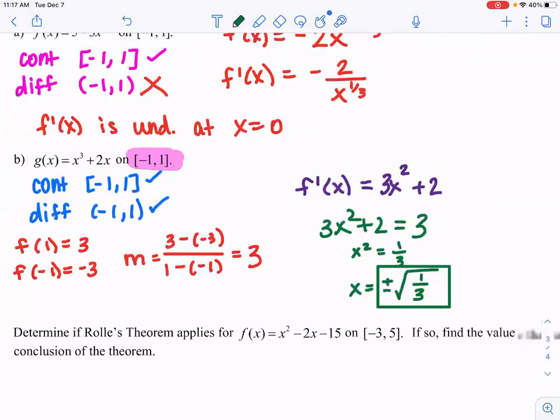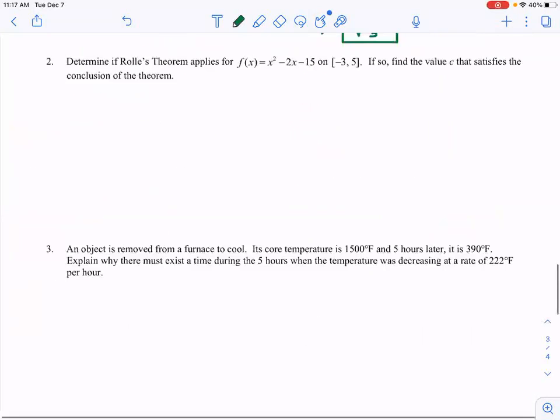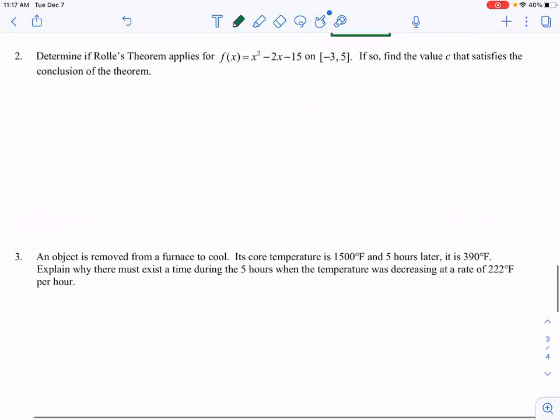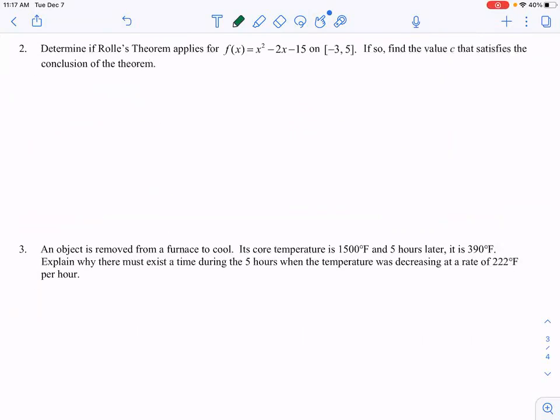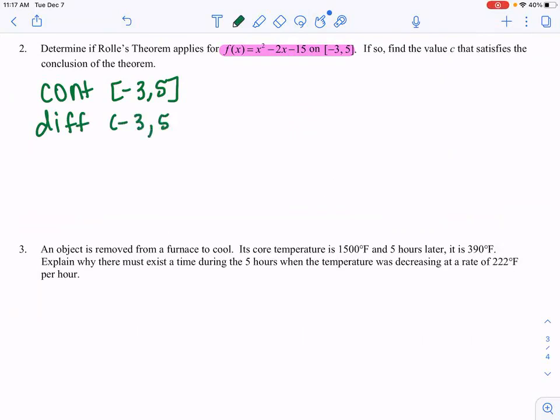Okay, now let's talk about Rolle's theorem and how it's the same, but a little different. Determine if Rolle's theorem applies for this function on this interval. Okay, so same thing we did before. Continuous on the closed interval, differentiable on the open interval.